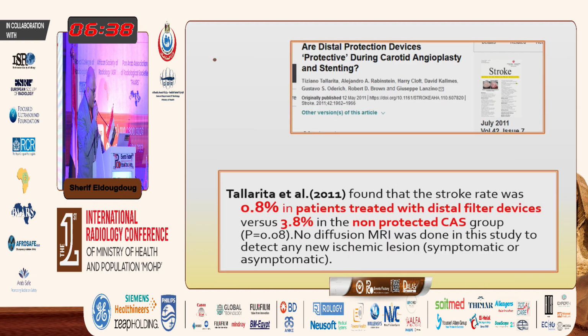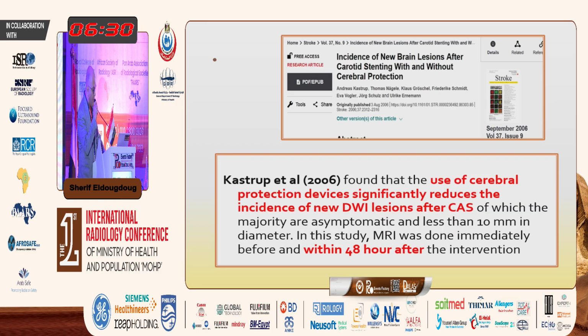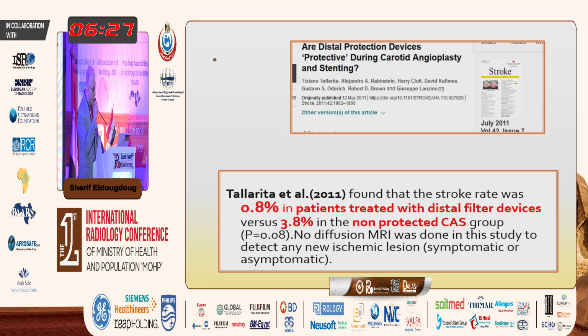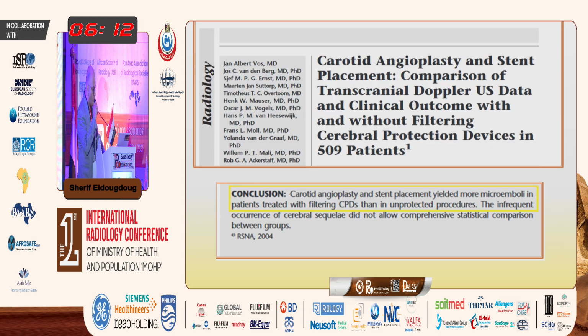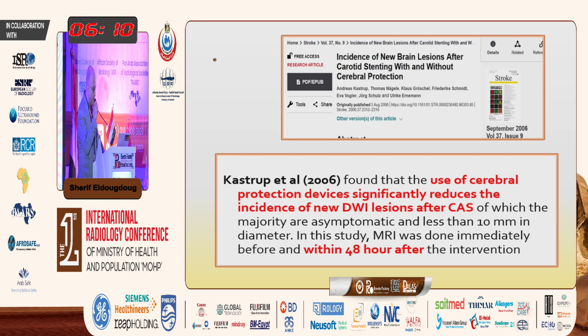This study also favors the filter, as the result was 0.8% in patients treated with distal filter devices in comparison to 3.8% in non-protected. This study also shows that cerebral protection devices significantly reduce the incidence of new diffusion lesions, but the diffusion was done 48 hours after the intervention.